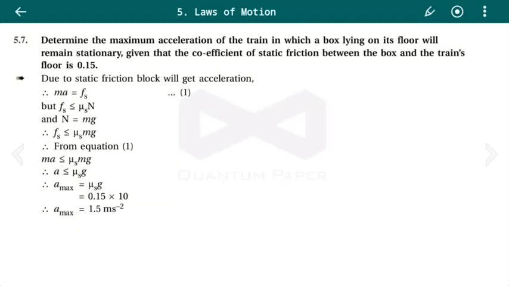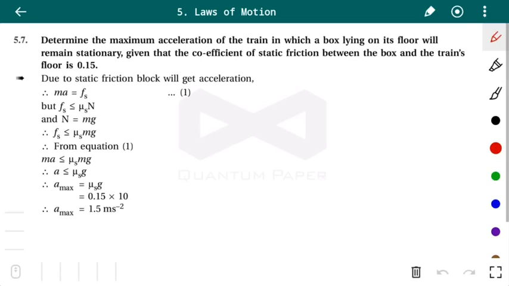Now numerical number 5.7. Determine the maximum acceleration of the train in which a box lying on its floor will remain stationary. Given that the coefficient of static friction between the box and the train's floor is 0.15. So here we need to find the maximum acceleration of the train such that even if the train is moving in one direction, the box lying inside the train compartment on the floor should not move.